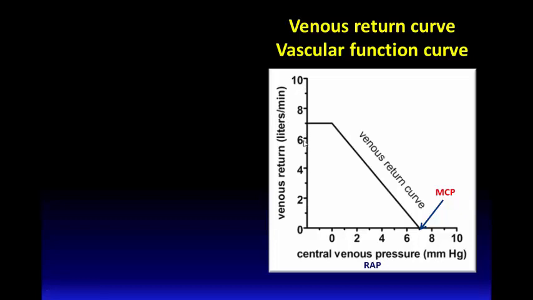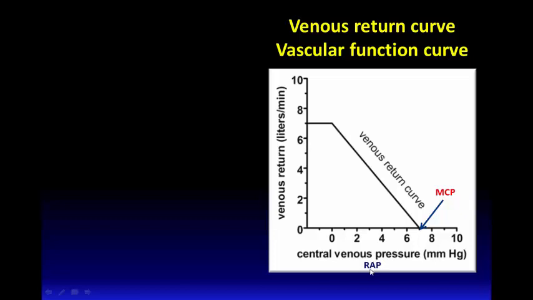Remember, we mentioned earlier in the lecture that the venous return is driven by the pressure gradient between the venous pressure nearest to the tissue, which is the mean circulatory pressure, and the venous pressure nearest to the heart, which is the right atrial pressure.